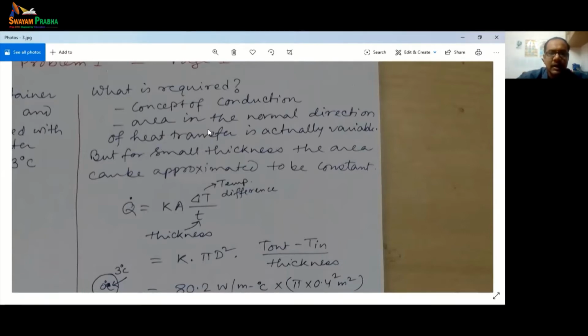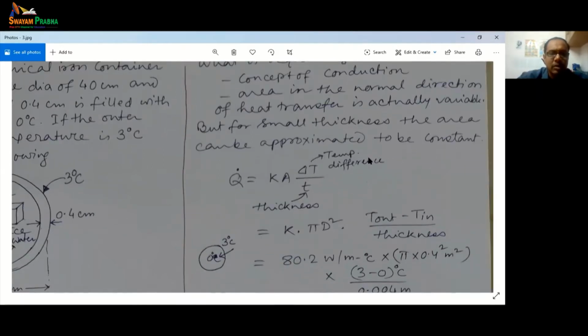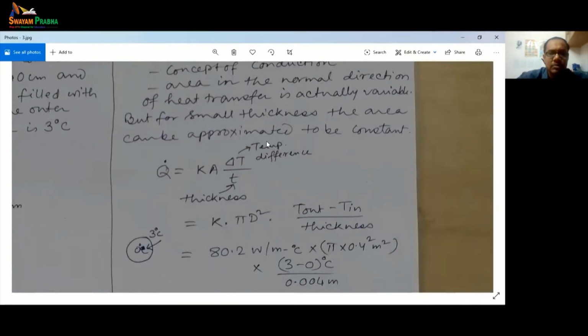The area in the normal direction of heat transfer is actually variable, but for small thickness, and here the thickness is small, you can see the outside dia is 40 centimeter and the thickness is 0.4 centimeter. So it's very small compared to the dia. That is why we can assume the area to be constant.